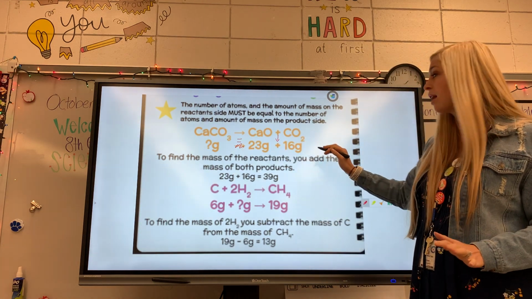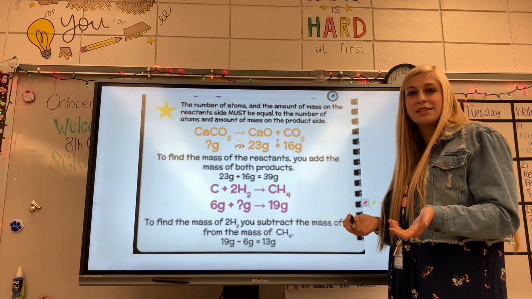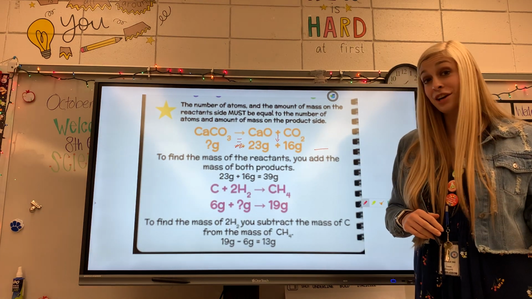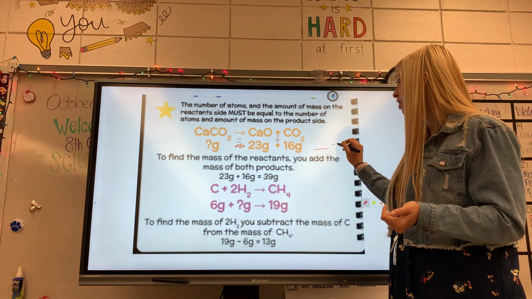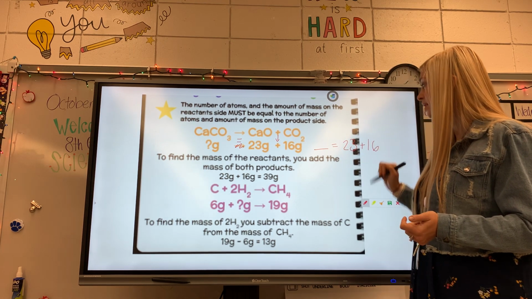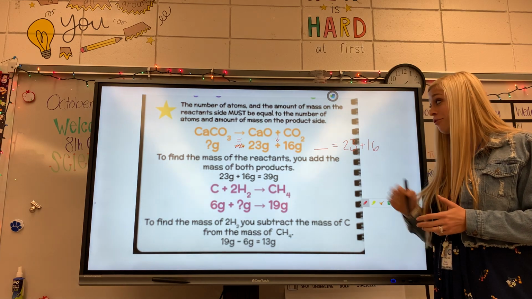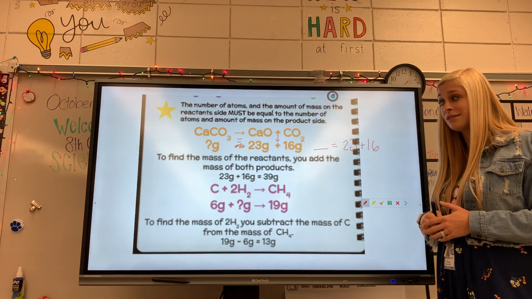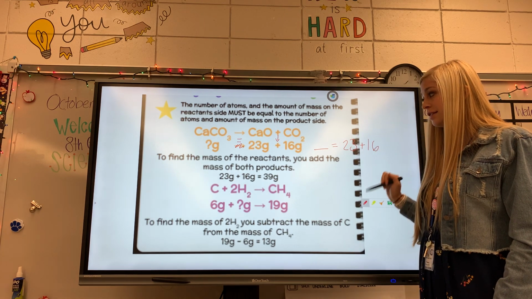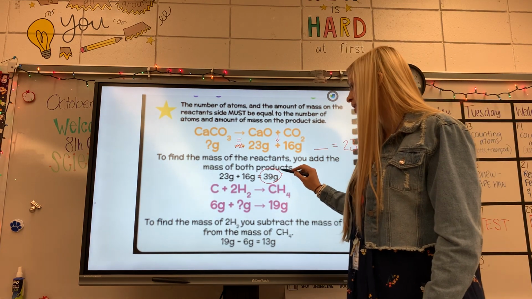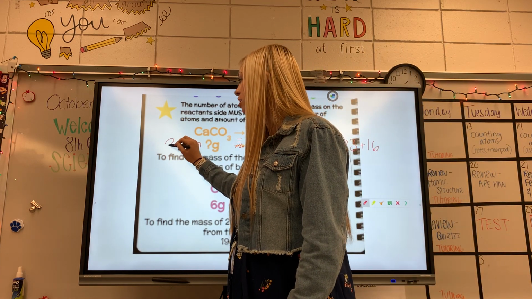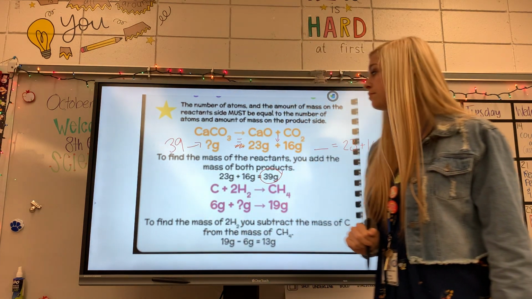If I rewrite this into an equation like you would see in math, we would have blank, or you can put an X, equals 23 plus 16. Can you solve that? Of course you can. You add 23 to 16 and you get 39 grams. So we would replace this question mark with a 39.